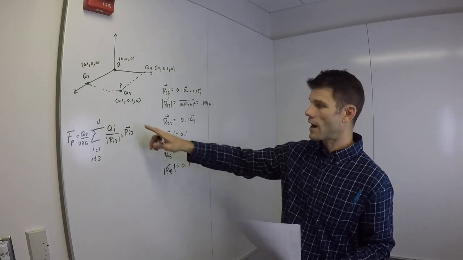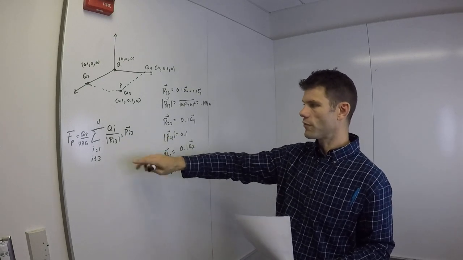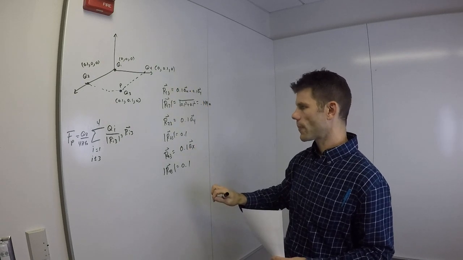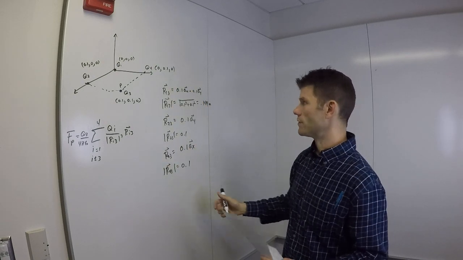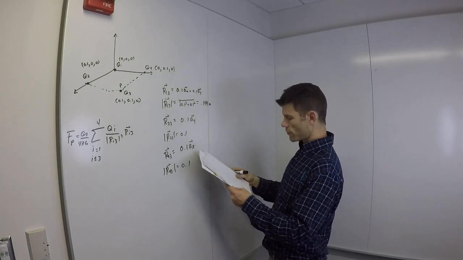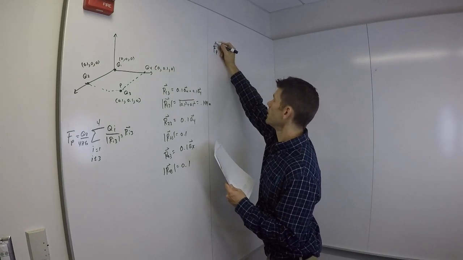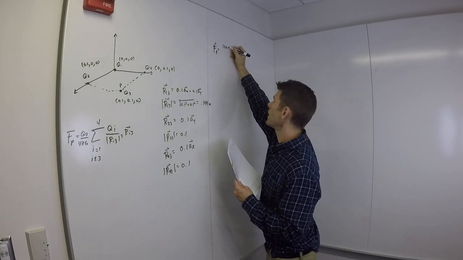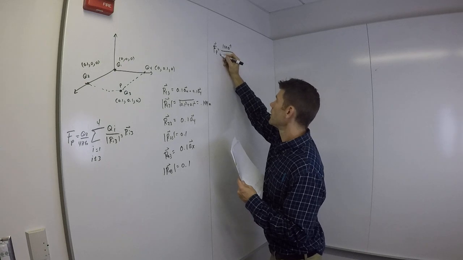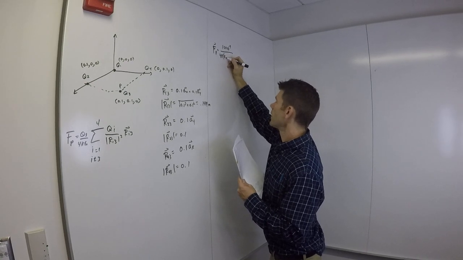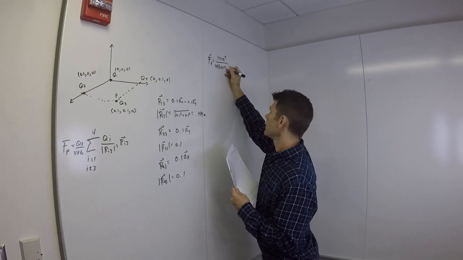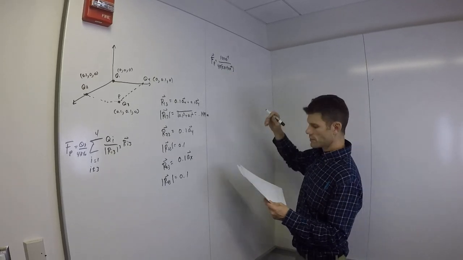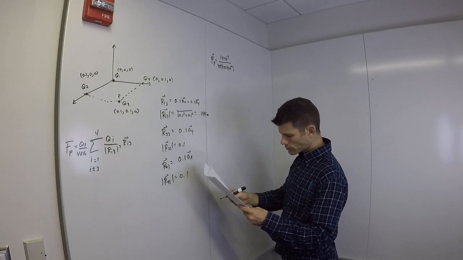Okay, so now we have all of the information that we need. For i equals 1 through 4, excluding 3, we have the Ri3 vector, and then we have the magnitude of each of those. So we can simply plug this into a formula, and we'll say the force on P is equal to Q3, which is 10 nanocoulombs, so 10 times 10 to the negative 9, over 4 pi times the permittivity of free space, 8.854 times 10 to the negative 12 farads per meter.